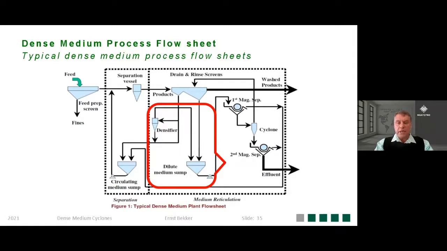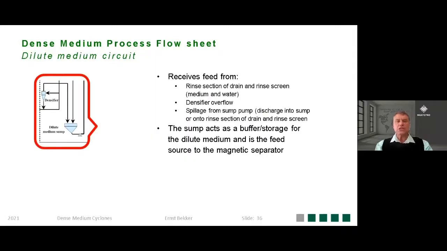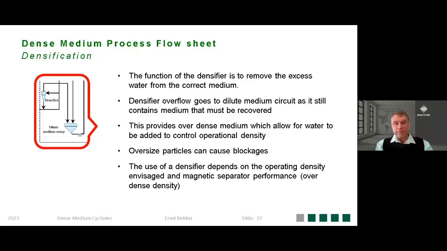Then the densifier and dilute circuit. So you dilute media, that now receives the rinse, the underflow from the rinse section, because you've now introduced water. You've got your densifier overflow, and then spillage from your sump pumps. The sump then acts as a buffer or storage for your magnetic separator.